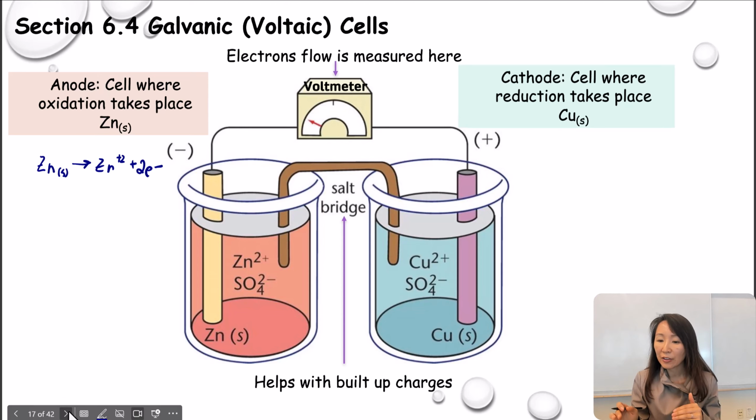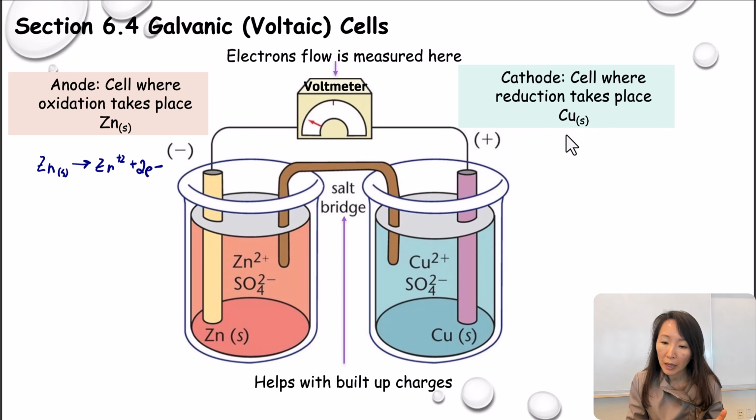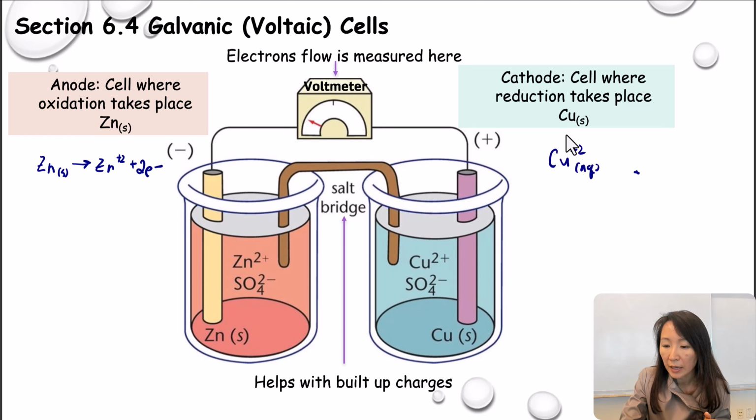On the cathode side, or the positive side, this is where reduction takes place, where the copper 2+ forms into copper solid. So we have where copper 2+ aqueous accepts those 2 electrons from the zinc and then forms into copper solid.